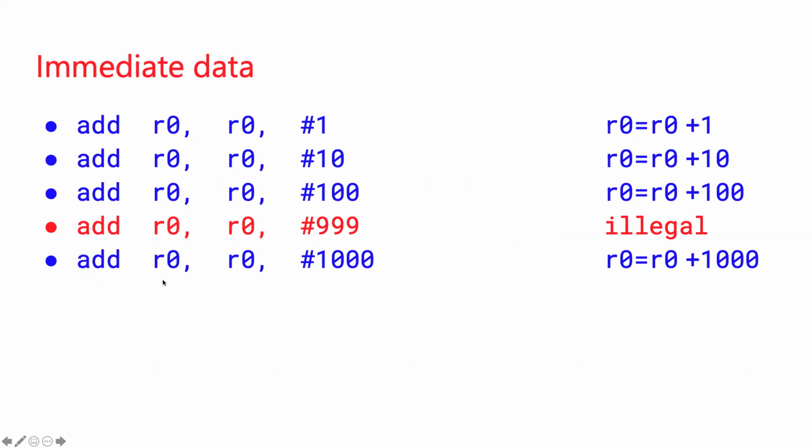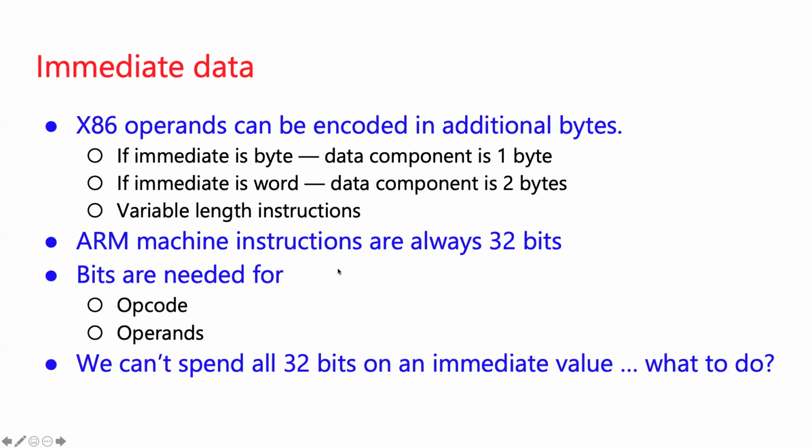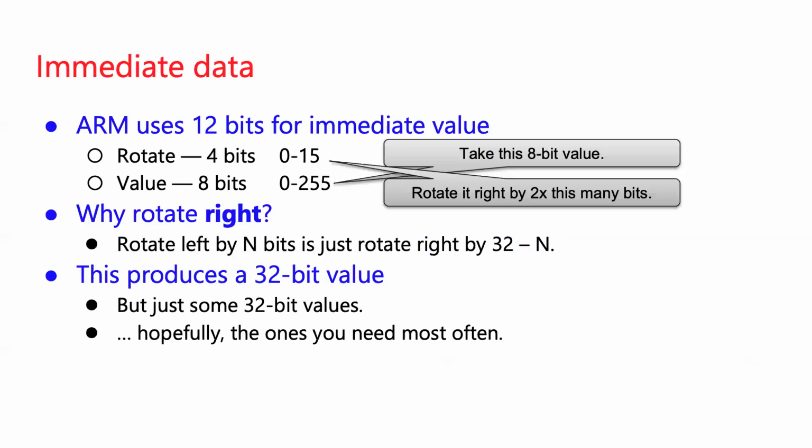They might have to say one or more operands and some immediate data. So we can't afford to spend all 32 bits on immediate data. In fact, ARM just uses 12 bits for immediate data. And that's what limits the immediate values that can show up in an instruction.